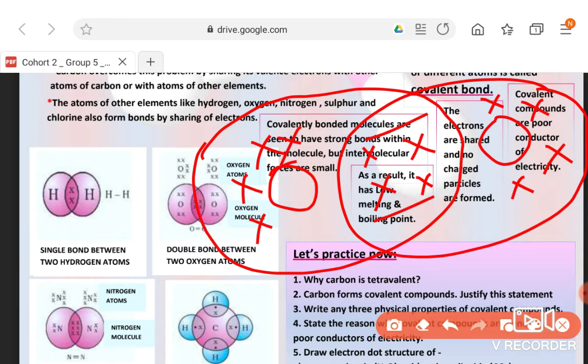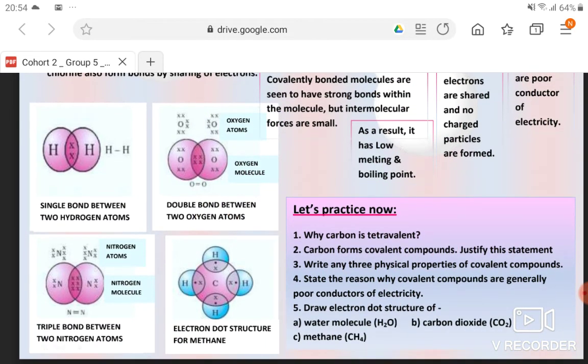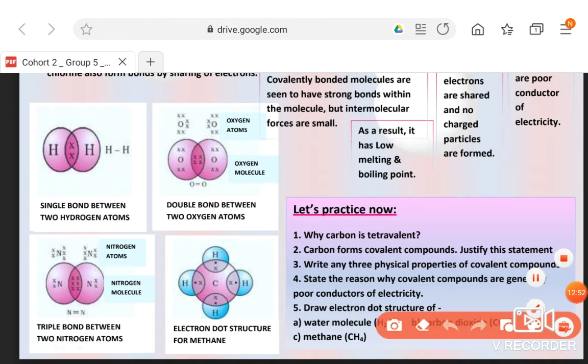Two pairs are shared, so two lines will be there in the structural formula, representing a double bond. Oxygen contains a double bond, O2. This is the molecular formula, this is its structural formula, and this is the electron dot structure, where valence electrons and shared electrons are shown.